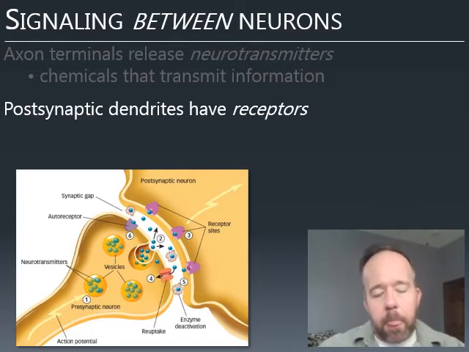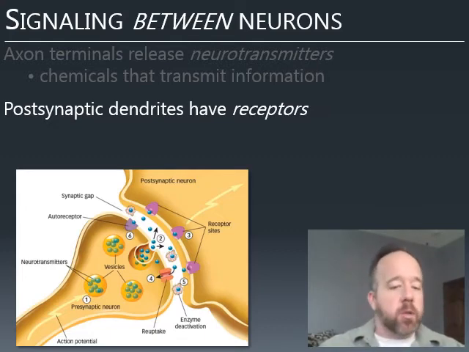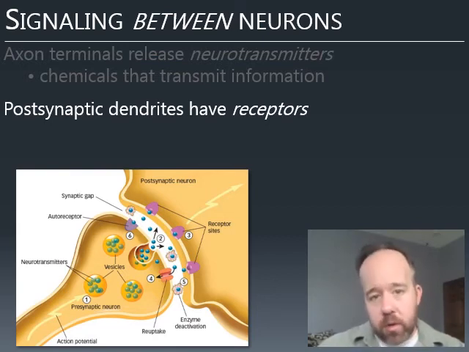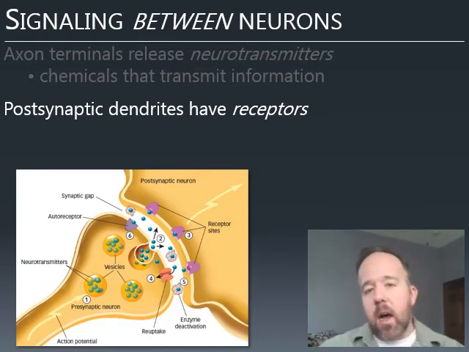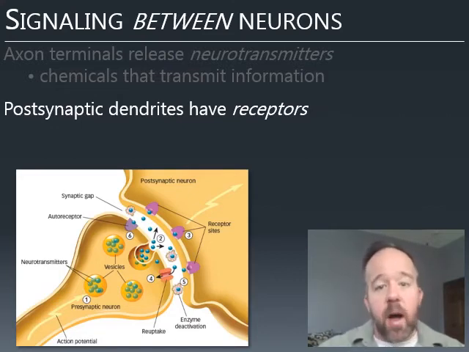It's the same thing. And neurotransmitter is released into this gap and then diffuses, same process, goes from where it's more common to where it's less common, diffuses across the synaptic cleft and binds to what are called receptors on the postsynaptic dendrites. And so this is how the postsynaptic neuron receives information. That's how it knows that the presynaptic neuron has fired an action potential.